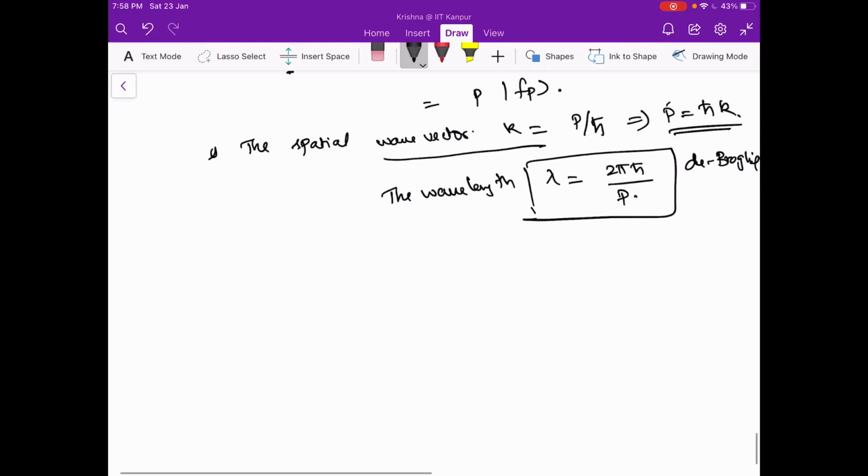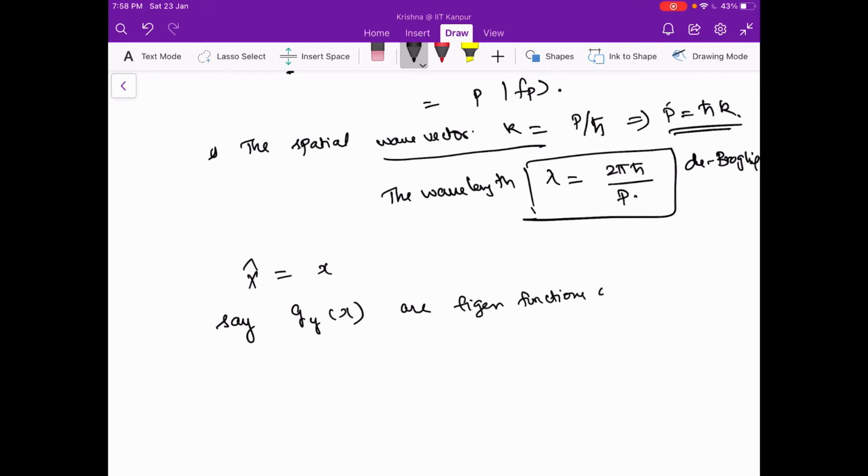Right? So now let us look at another operator, x cap is equal to x. Now say gy of x are eigenfunctions of x hat. So this is once again following what we did for the momentum, but now we are talking about the position.